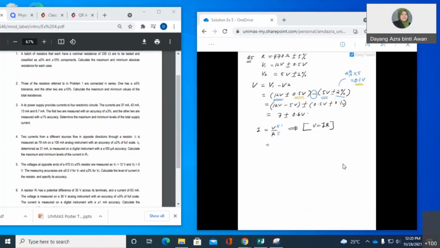For the deviation, you need to have a percentage of error. So everything must be converted into percentage.